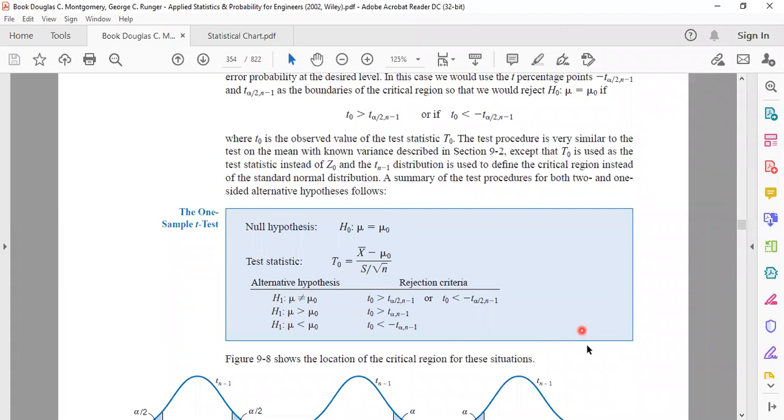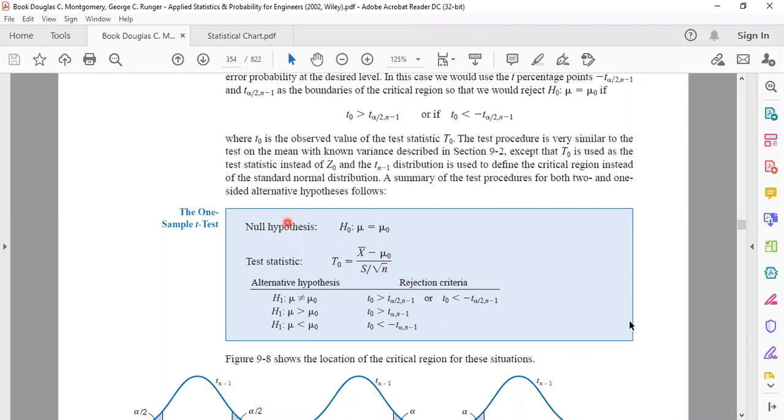When I'm writing that H1 is mu not equal to mu naught, that means you are actually accepting the alternative hypothesis. Rejection criteria is this. Rejection criteria of what? Not of the alternative hypothesis. Alternative hypothesis is accepted on the basis of the rejection criteria placed on the null hypothesis. You already know this rule.